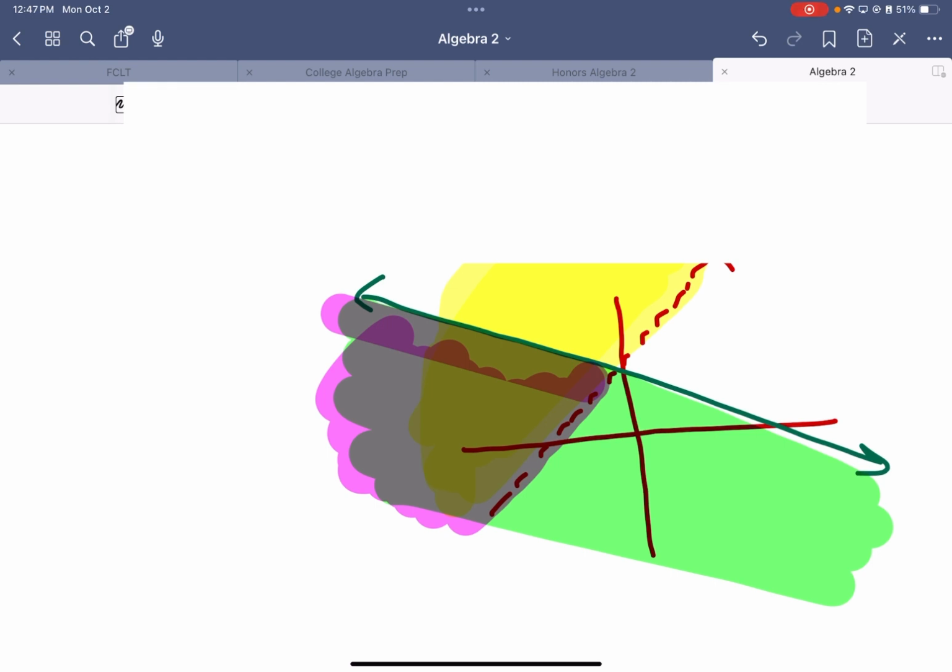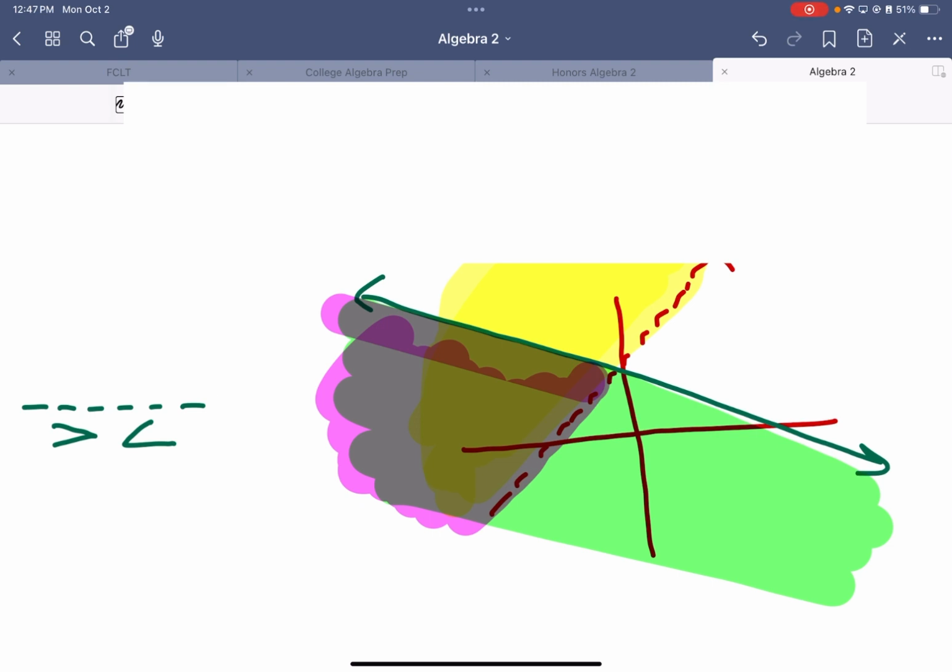Now, within this drawing, I've done a couple different things that we need to take care of. First, you'll notice there's a dashed line. A dashed line is going to be made if you have an inequality that's greater than or less than.